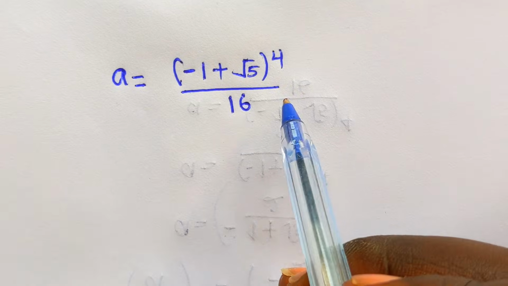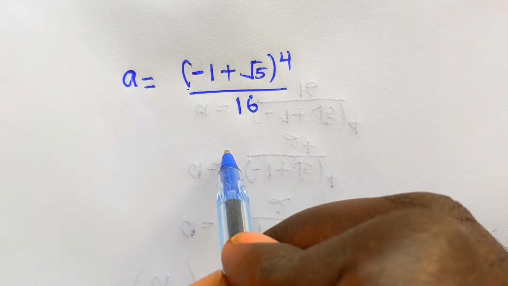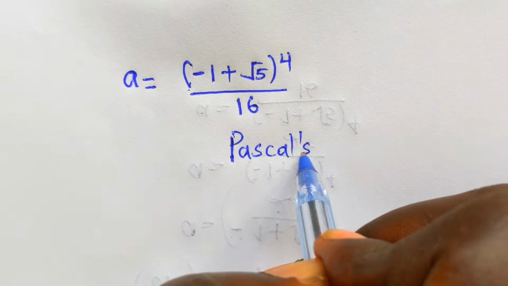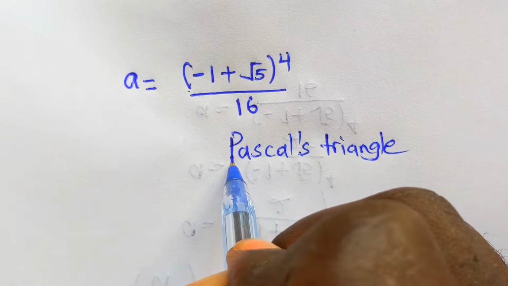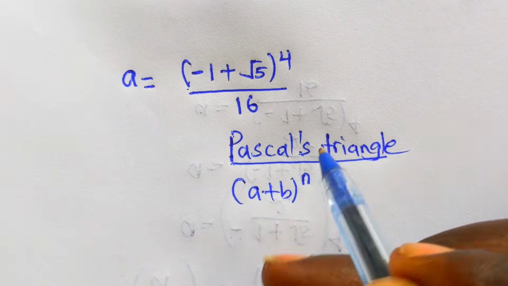At this stage, because this is raised to the power 4, we shall use Pascal's triangle, for when you have a plus b raised to the power of n.